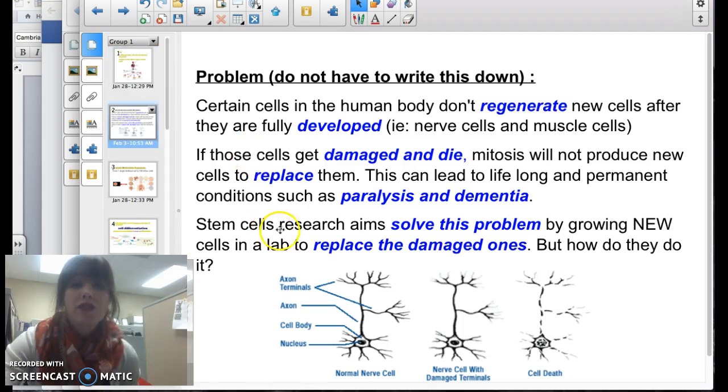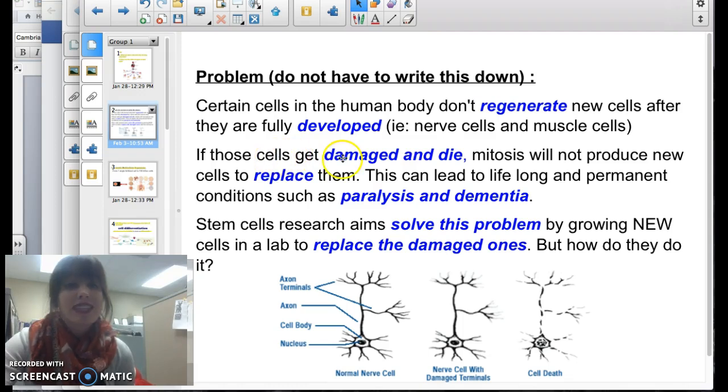All right, so you do not have to write this slide down, but I'm going to discuss stem cells as solving a problem. The problem is that certain cells in the human body don't regenerate new cells after they are fully developed. For instance, nerve cells and muscle cells in your body don't undergo mitosis nearly as quickly or at all like certain skin cells do.